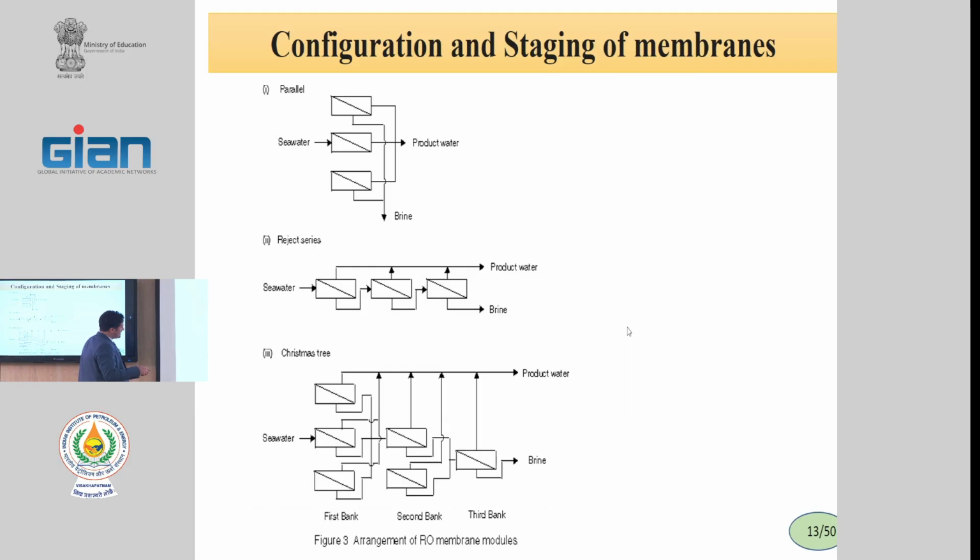In this second design, named the Christmas tree, you see we can use both the permeate and brine of the first step to go to the second step. When we use the brine, we use the permeate for second steps, the aim is increase of the purity.